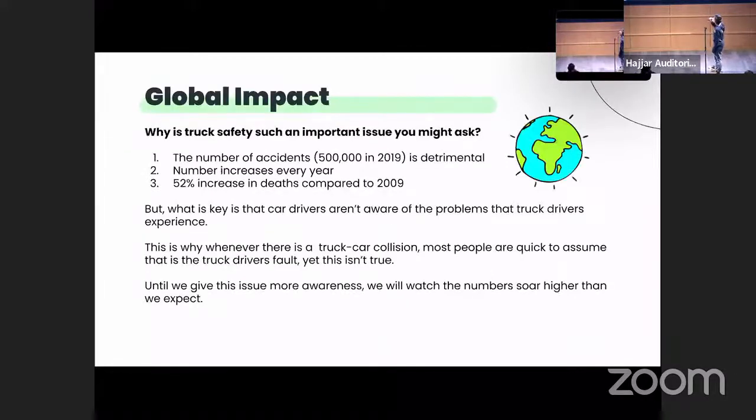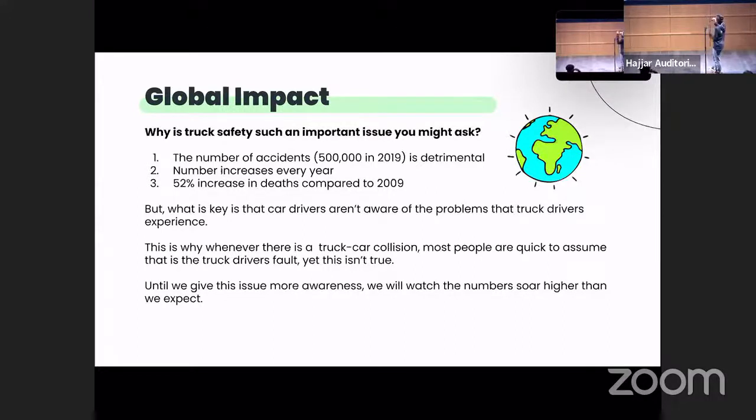For research, we first looked at the impact of truck safety. As you can see, truck safety is a really important issue. Every time you're driving on a road, you usually watch out for trucks because you think they're really dangerous.